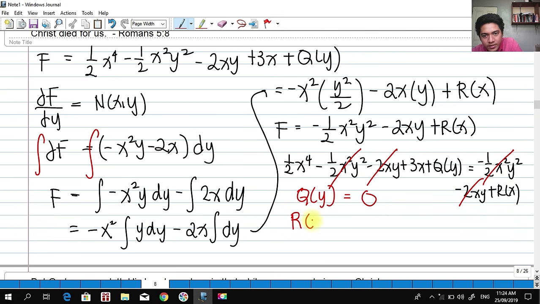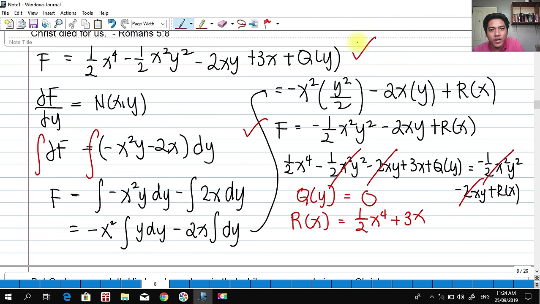And r of x is now equal to the terms purely expressed in terms of x on the other side of the equation. On the other side, we have 1/2 x raised to 4, plus here, we have 3x. And hence, we can use this one or this one to obtain our general solution for this exact DE.